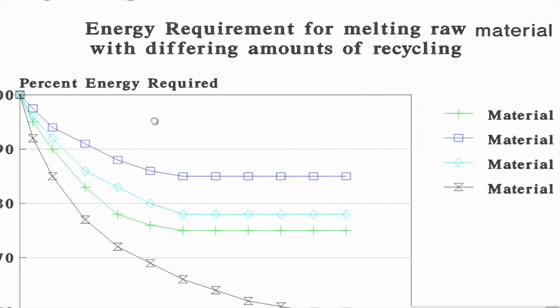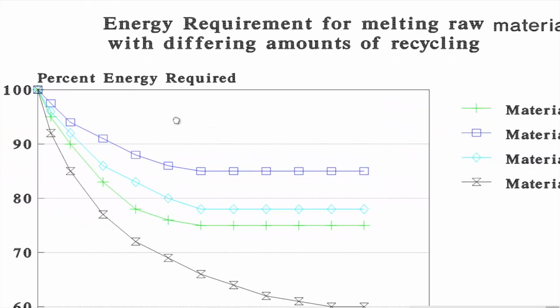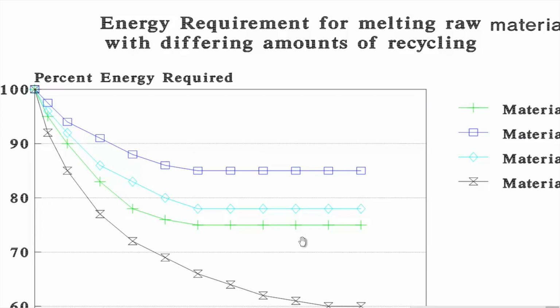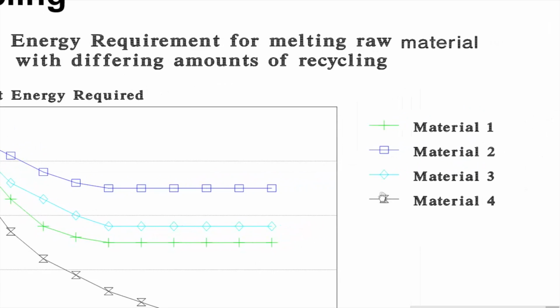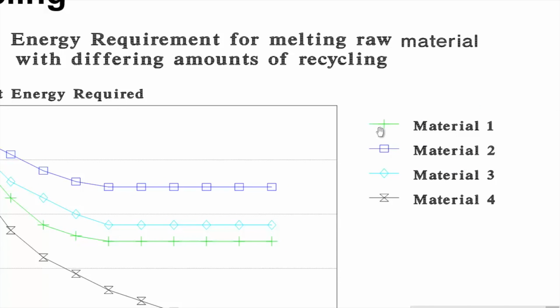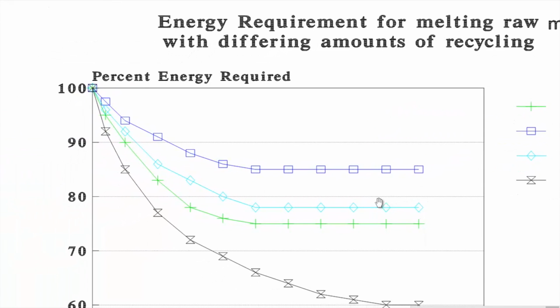The first one, material 1, if you look at it, is shown in green color. It goes from 100 to 80, somewhere around 75 to 76 is the value.